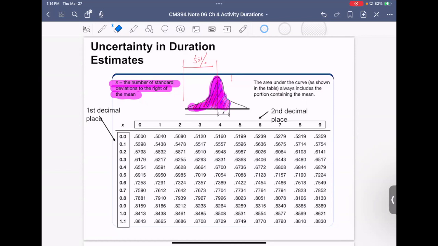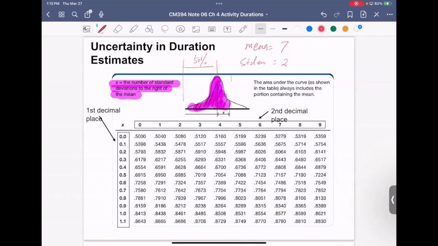That means it's how many times x more than the mean, and the x times what is the standard deviation. So that means if you have a mean equal to 7, and you have your standard deviation equal to 2.